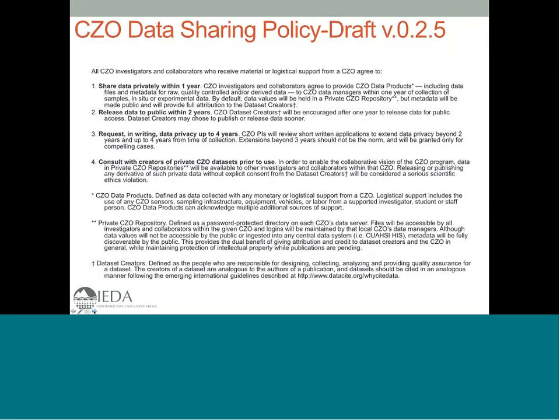And that, again, is mostly about sharing the metadata, but also putting it in a place where others can actually see the data values. Not everybody, so it's not fully public, but collaborators can see the metadata. And then you're promising to release the data to the public within 2 years.